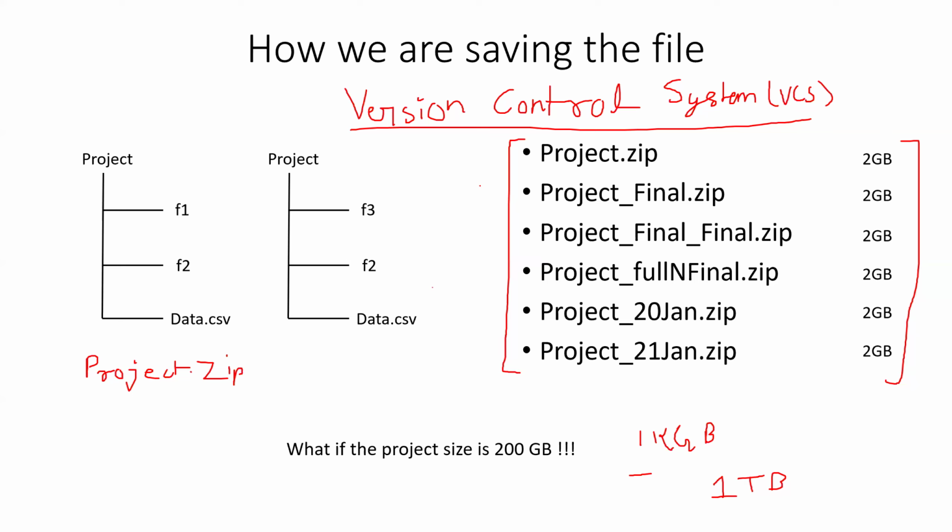Before I move to the next part, the reason I discussed this is that you must know what the problem is, and what problem you are going to solve in this course. Because if I directly switch to the version control system, you will not understand why we are learning this concept. Everywhere in the IT field right now, version control systems are used, and it is a must-have tech skill.